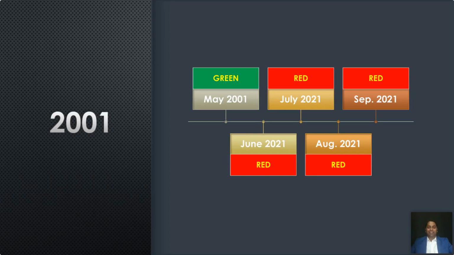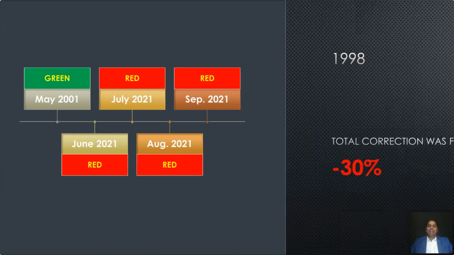And the last data point, which is again a very terrifying one, is the year 2001. The month of May 2001 apparently was green. June, July, August, September, 4 consecutive months of price selling.